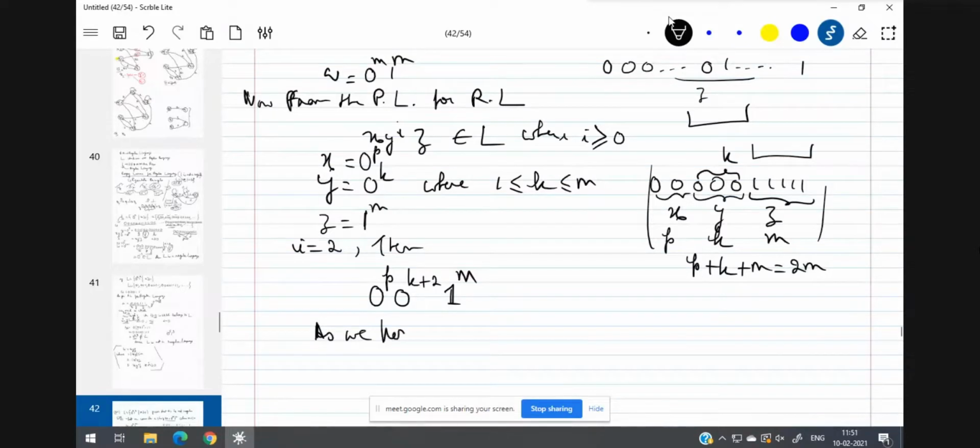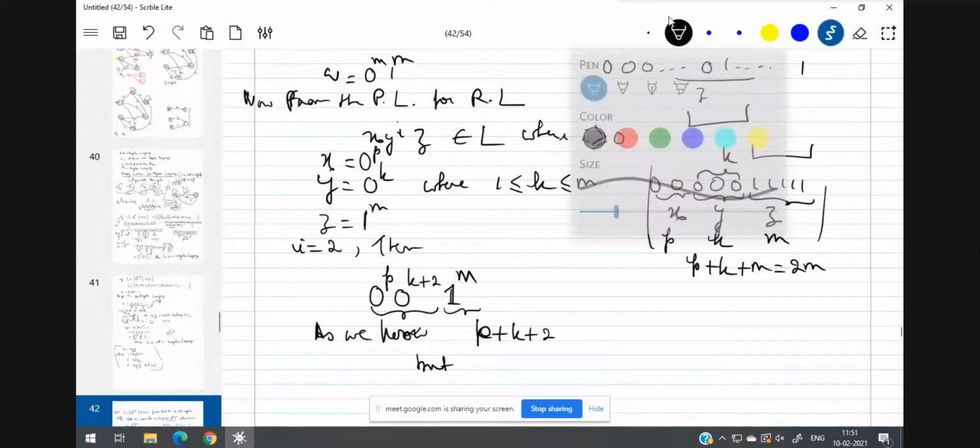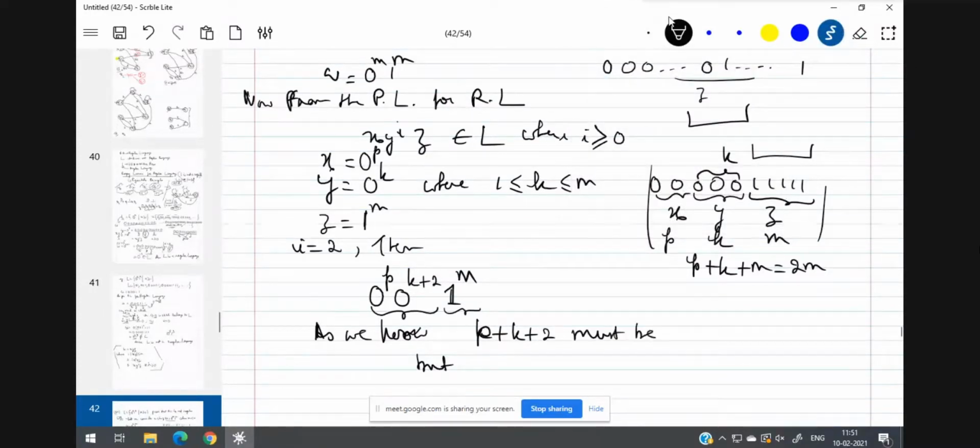As we know, p plus k plus 2 should be equivalent to m, because the number of zeros must be equal to the number of 1s.